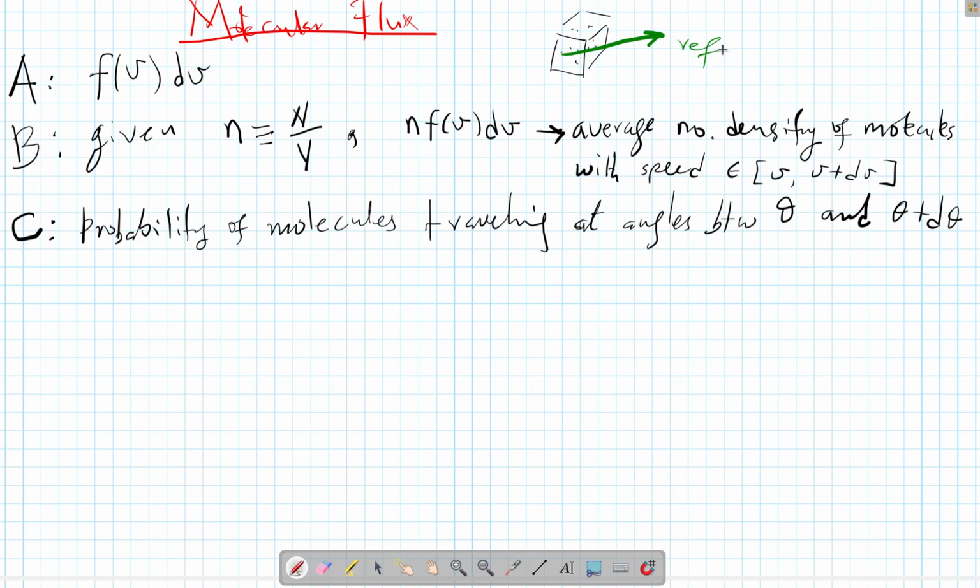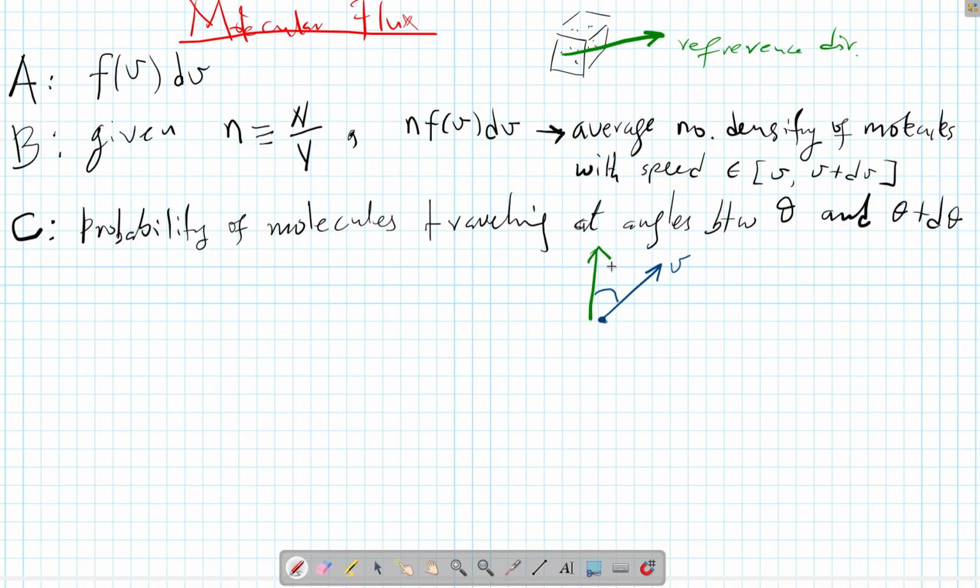So we have a reference direction. If I consider it to be going vertical, one can consider various molecules. Let's say there is a molecule moving with some speed v. What is the angle the vector v subtends with the reference direction?